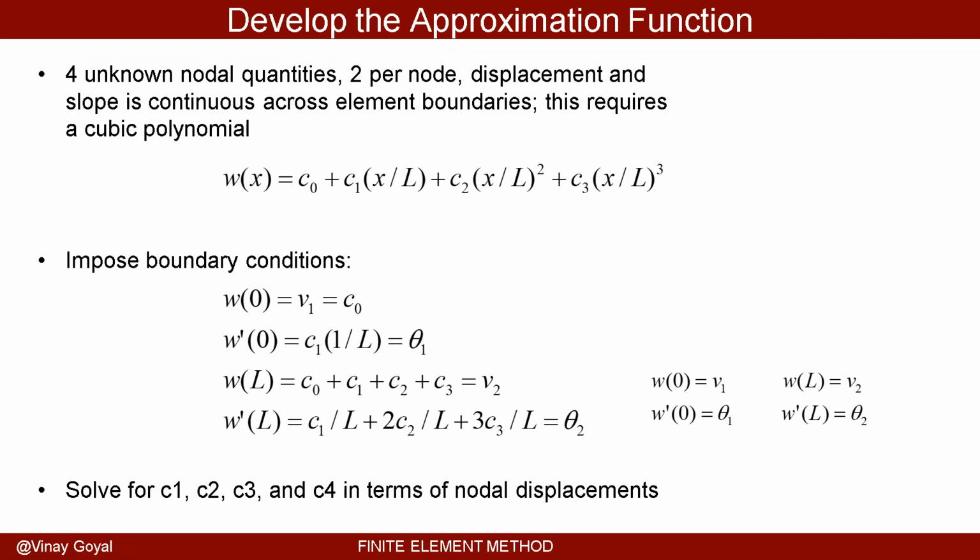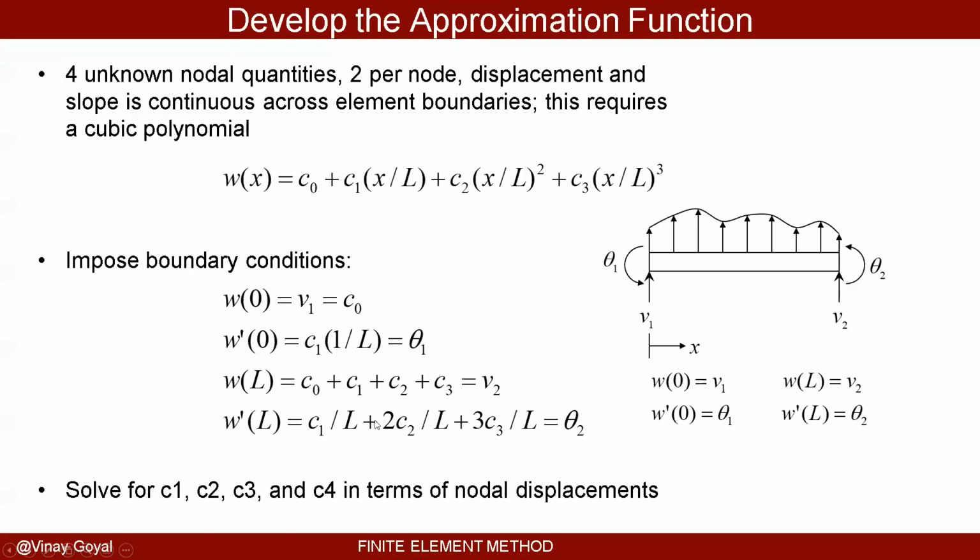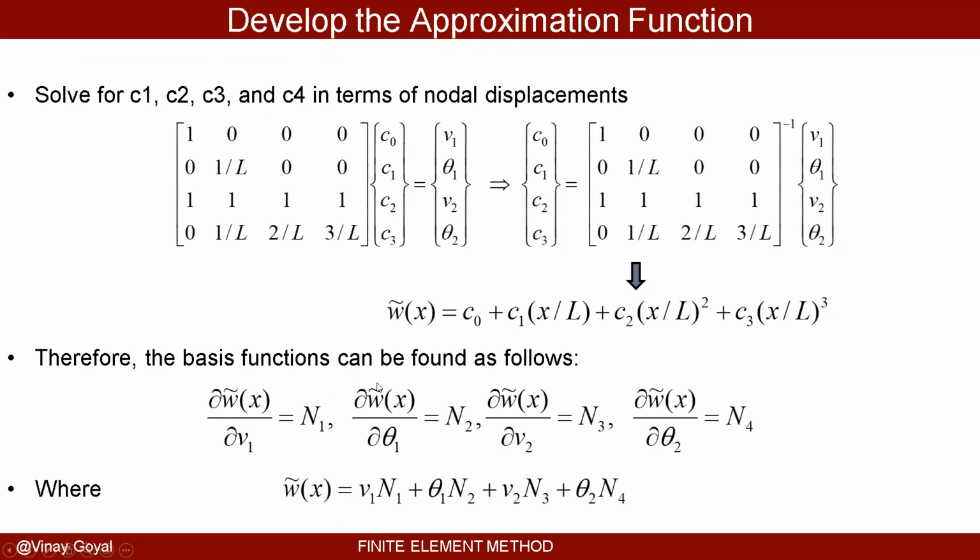So let's solve for C0, C1, C2, C3 in terms of the nodal deflections and slopes. So this is an error. We have to solve for C0, C1, C2, and C3, not for C4, I apologize. And so now we're going to go ahead and do that.